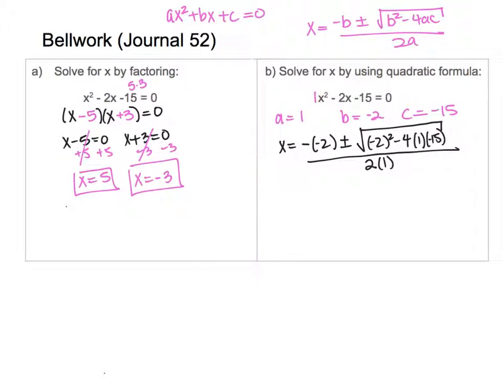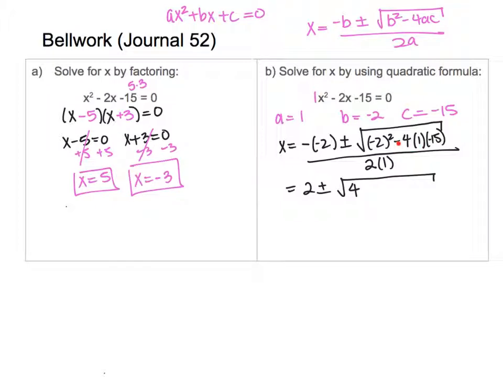So I've plugged everything in, now we just got to simplify. So let's start from the top here. Top here, 2 negatives, so that makes a +2. Plus or minus the square root, there's a -2 being squared. So -2 times -2 gives you +4. So that's 4 now. Now, this chunk here, what I like to do is look at the signs.